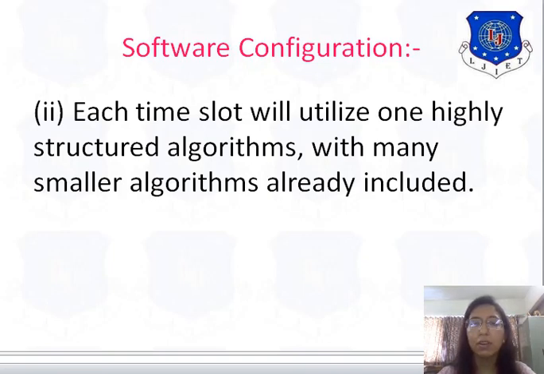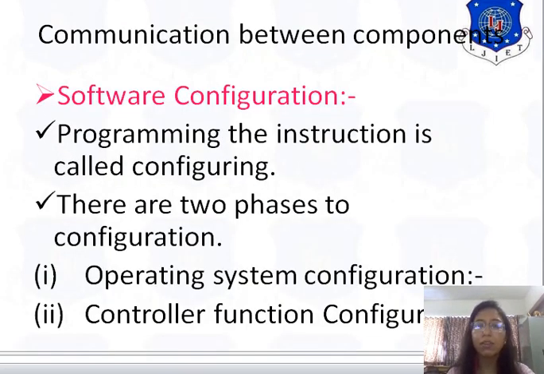In the second type of configuration, we are using one highway structured algorithm, right? And here many small algorithms are already included, right? The small algorithms are included, and we connect them on one highway, right? So today we talked about first, operating system configuration, and second, controller function configuration.